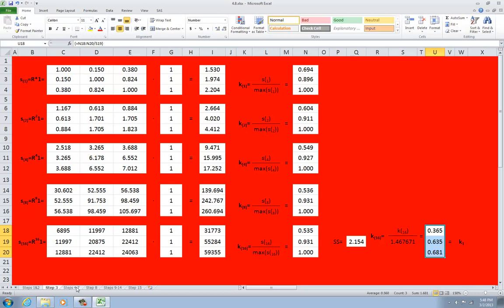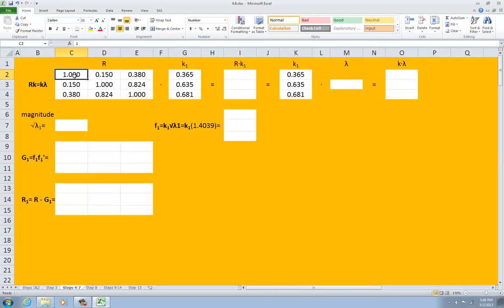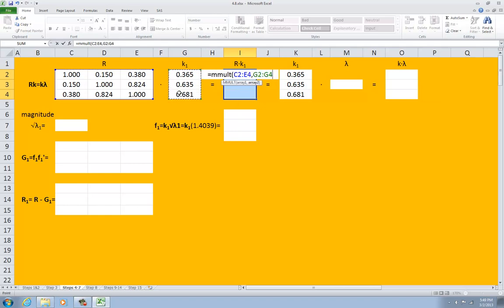So let's move on to steps 4 through 7. I put our correlation matrix in here again. I put k1, which we just calculated. By definition, the vector of factor loadings is the eigenvector normalized to its eigenvalue. The eigenvalue is found by using the fundamental eigenvalue-eigenvector equation, which I have right here. So let's do that. We're going to have a correlation matrix times the true eigenvector k1 that we got.